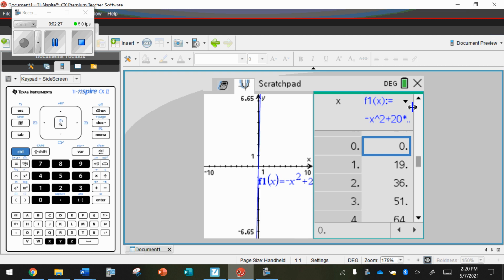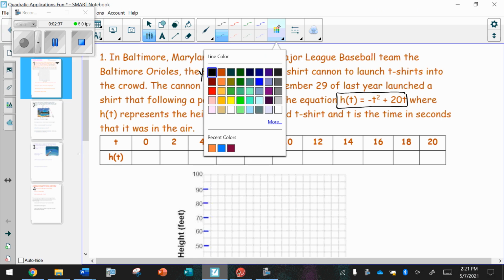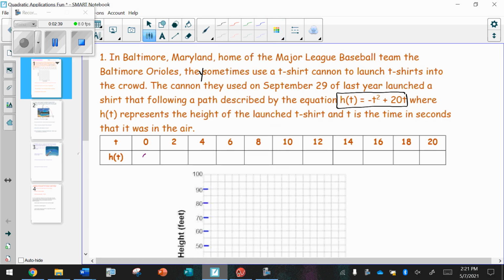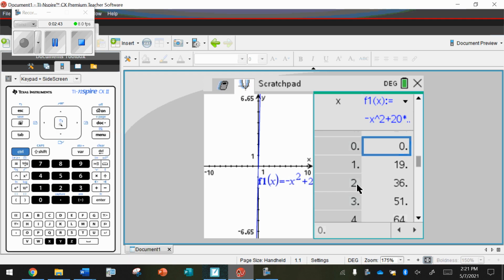So at x, or t, is time 0, the height is 0. Time 2, it's at 36, and 4 is at 64.